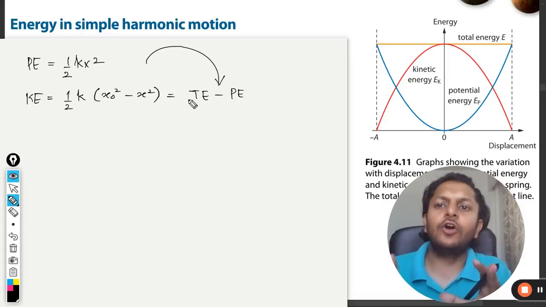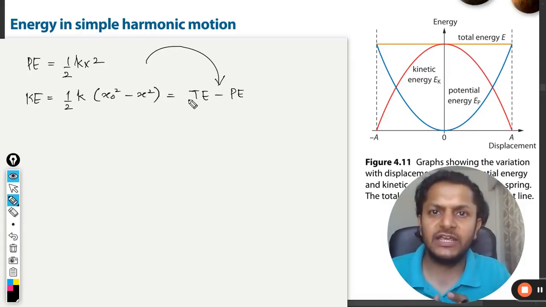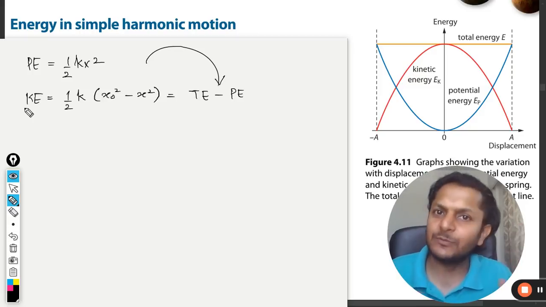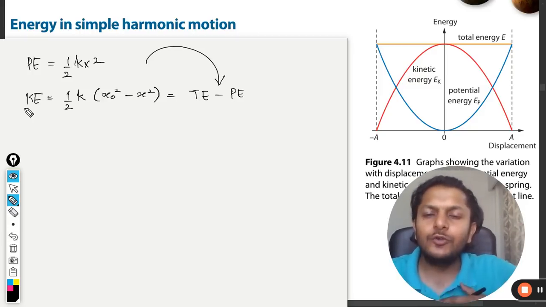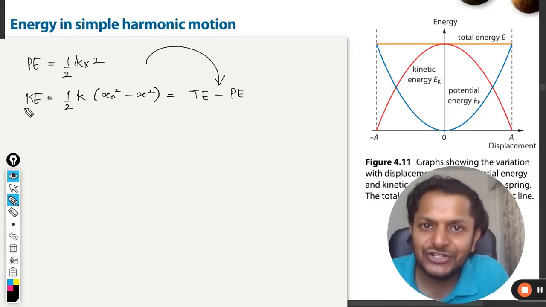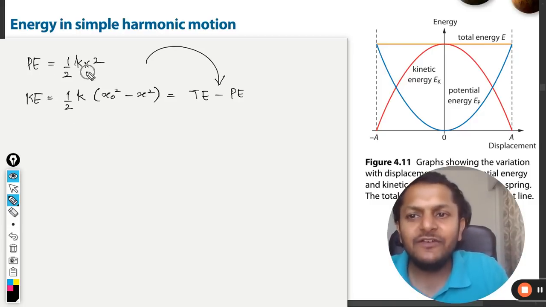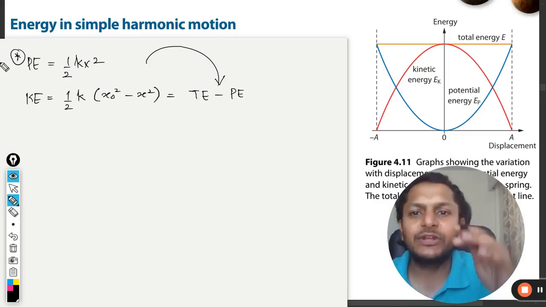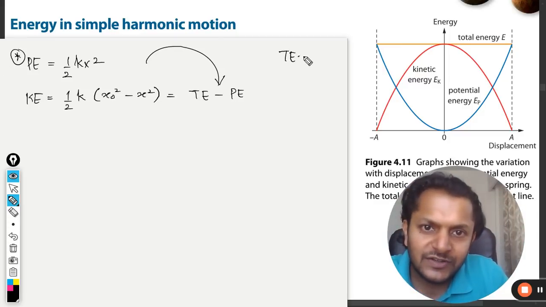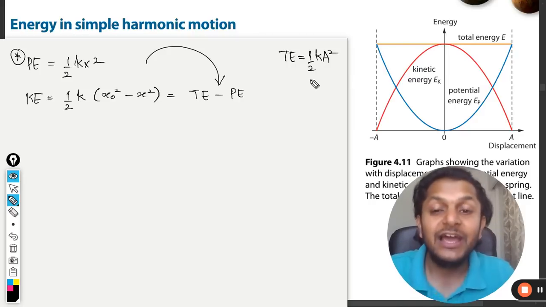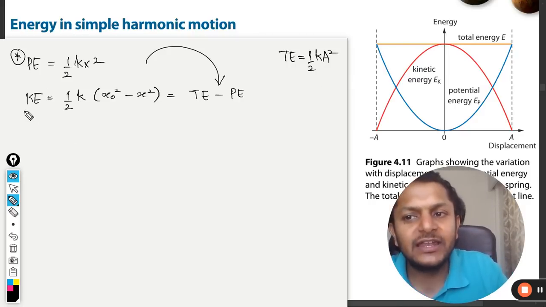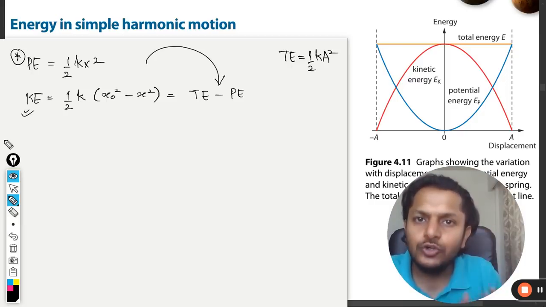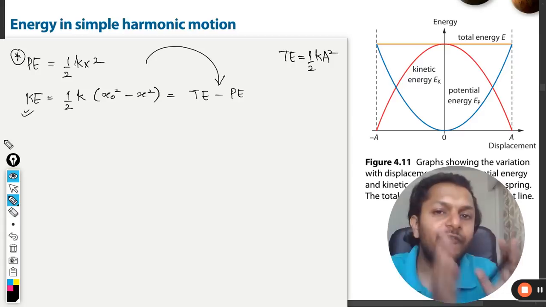So, overall, what we want to say is that there is no need for an expression for the kinetic energy in terms of x. Why learn another expression for the kinetic energy? That is not required. In every question, we will find the potential energy. The total energy will be equal to half k amplitude square. We will find that, and then we subtract them to find the kinetic energy. No need to use any direct formulation for kinetic energy.